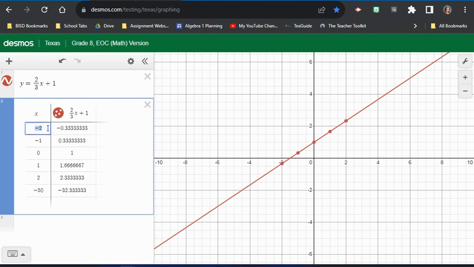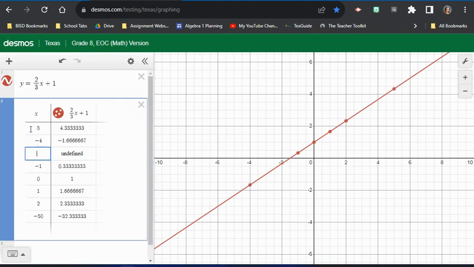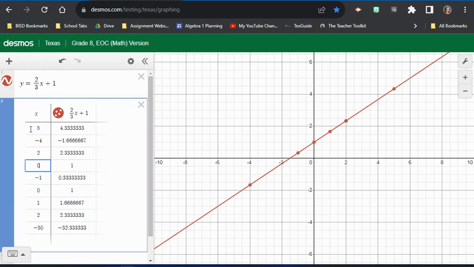You can actually change all of these. Let's say we want 5, -4, 2, 0. I don't know. You can change the x values. You cannot change y values. The reason is because x is your independent, meaning we can change it however we want. y is dependent on what x is.